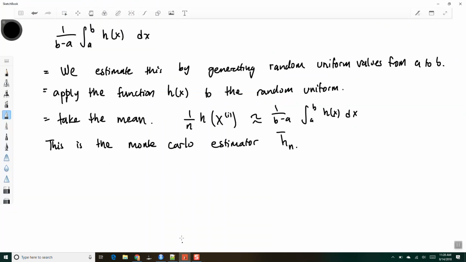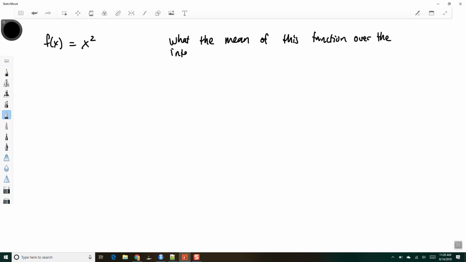I guess we could do this by hand, but now I'm nervous that I'm going to make some kind of silly mistake here. So we'll say f of x is equal to x squared, and we want to know the mean of this function over the interval 0 to 5. This would become 1 over 5 minus 0 times the integral from 0 to 5 of x squared dx.